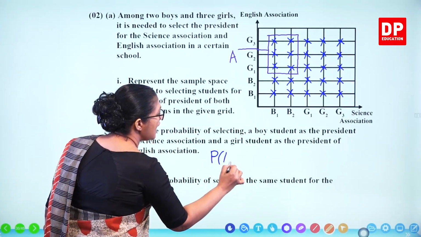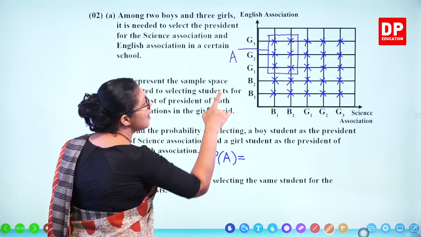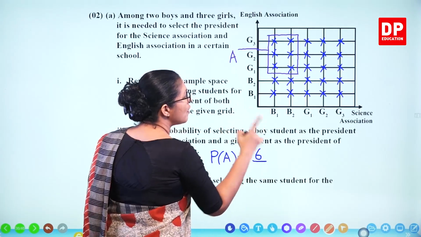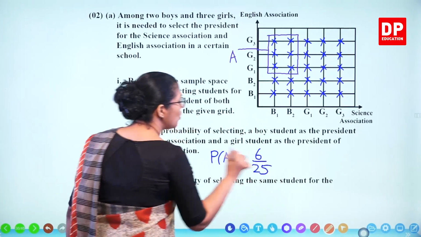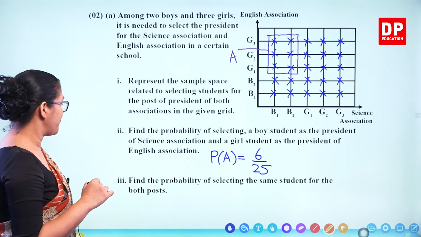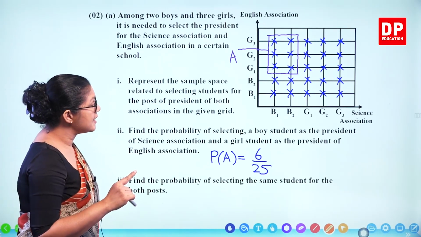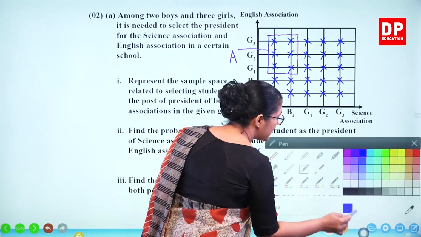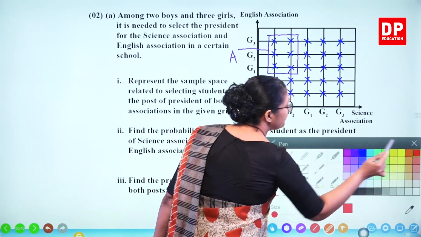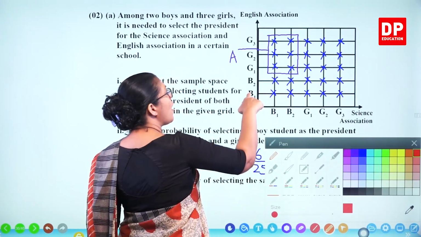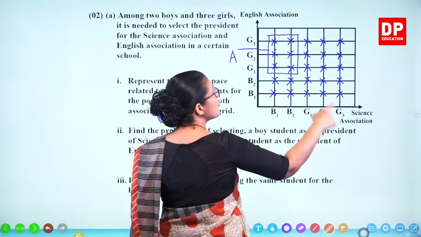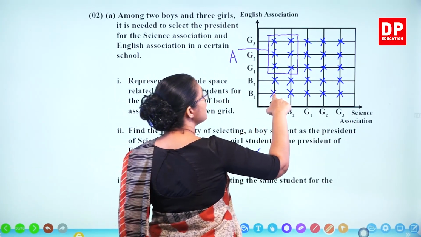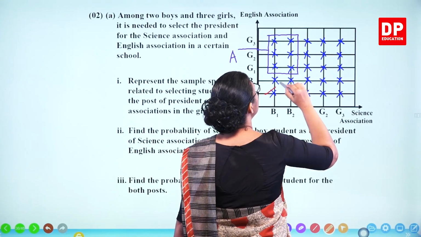Probability of A is total outcomes in A is 6 out of 5 times 5, 25. So 6 over 25. Then find the probability of selecting the same student for the both posts. So what is the required set there? First boy, same position. So you can get Science Association President as well as English Association President. So here, this set.